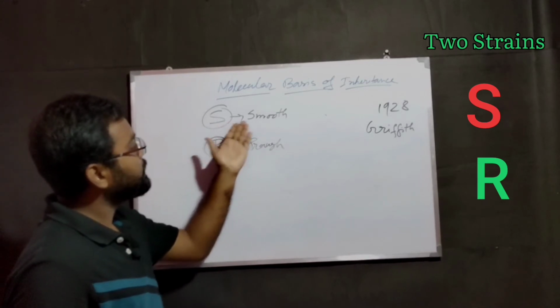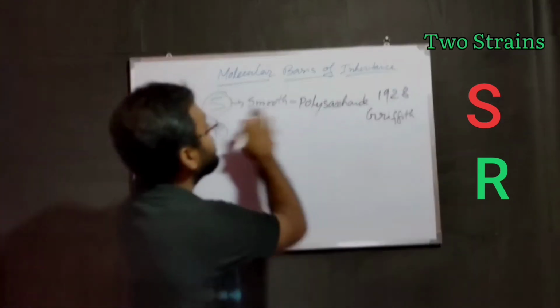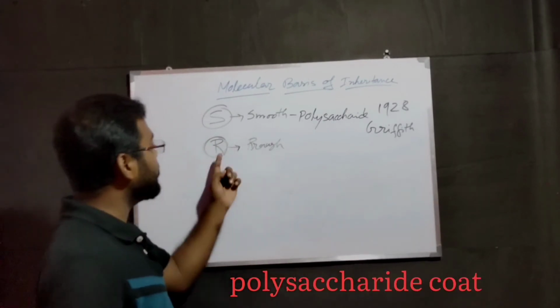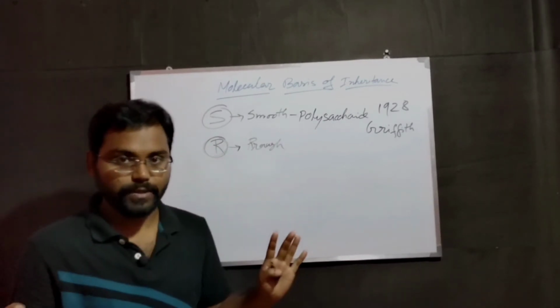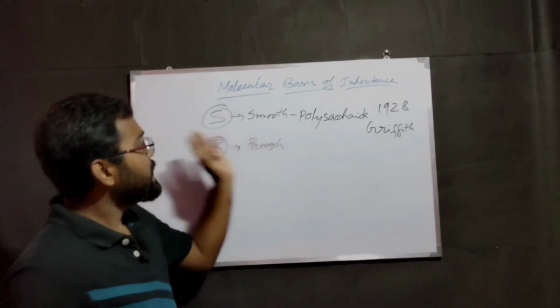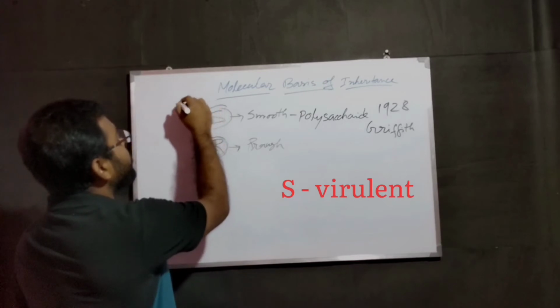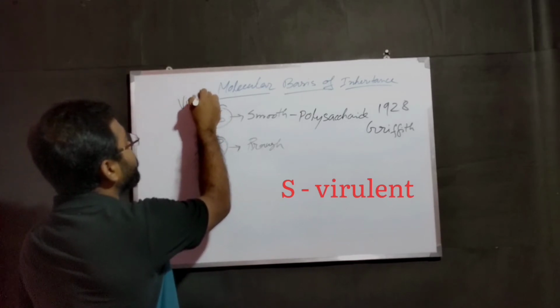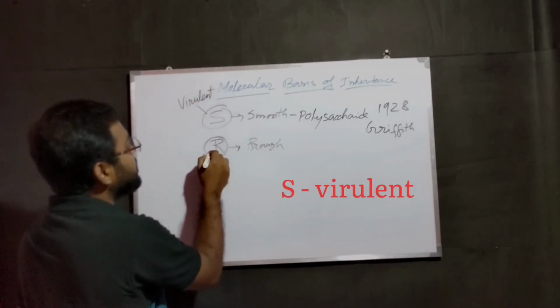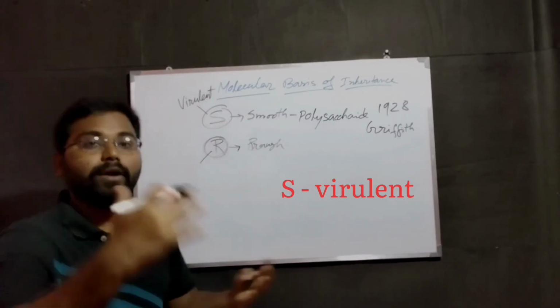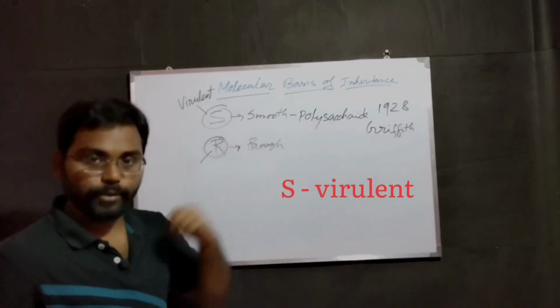The S strain is smooth because it has a polysaccharide coat on its outer membrane, but R doesn't have this. And another important characteristic is that S is virulent, that means it can cause pneumonia.